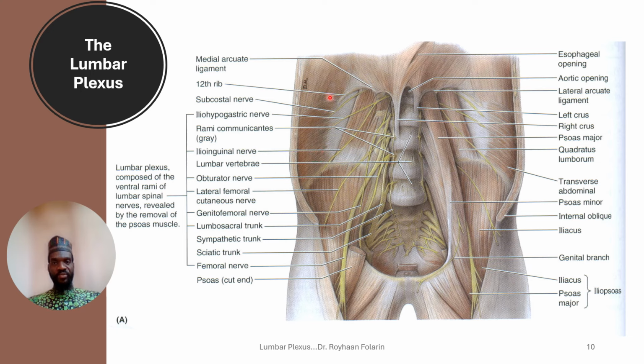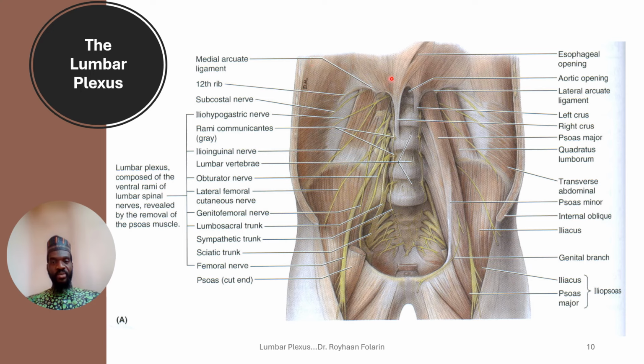So you take note of how the nerves emerge through and around the psoas major muscle, right? So here is the psoas major muscle, and here is the iliacus muscle. So by the time you get here, the psoas and the iliacus together are referred to as the iliopsoas muscle.